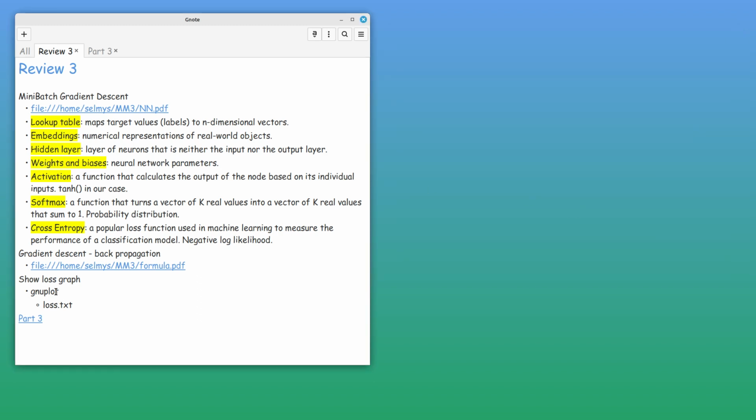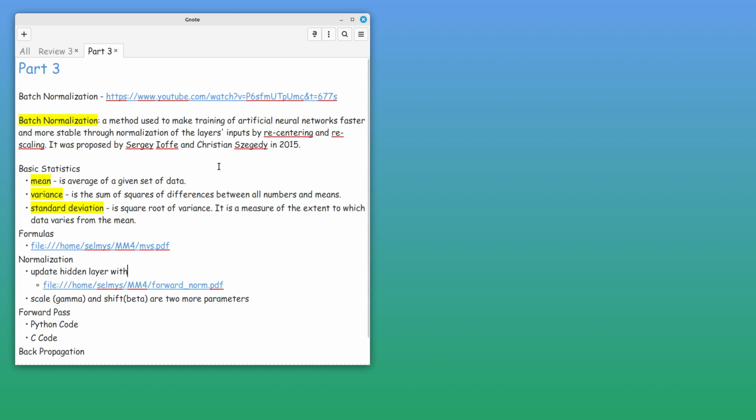What we want to do now is go on to start talking about batch normalization. I've written down here some things I found on the web, probably from Wikipedia. It says batch normalization is a method used to make training of neural networks faster and more stable.